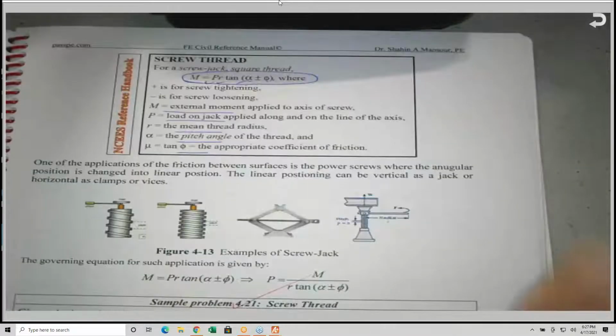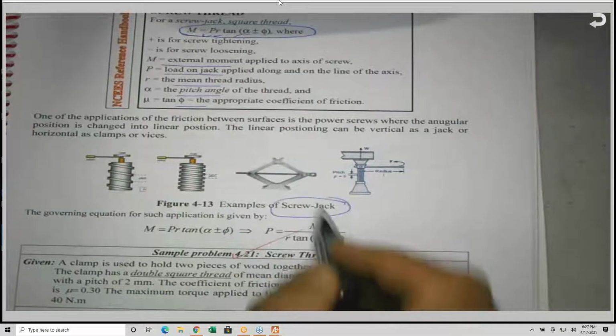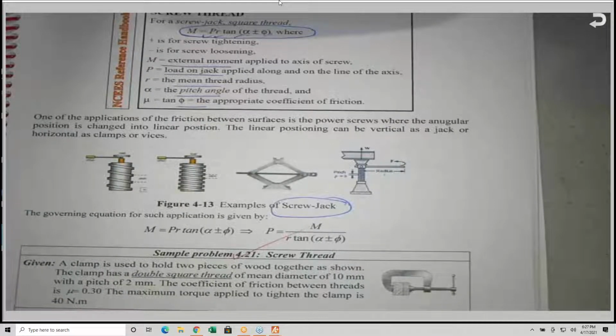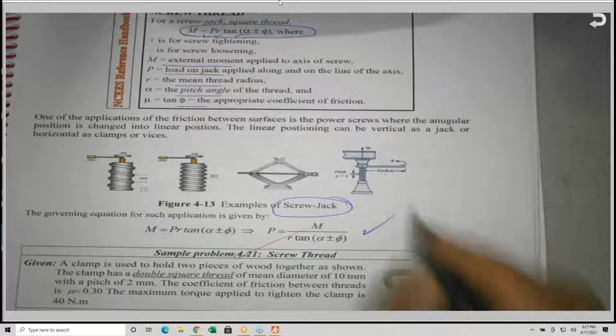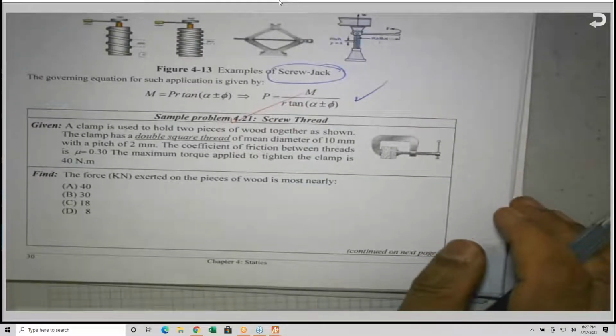I gave you some illustrations here, like the screw jack that we use to raise our cars. We can raise much more weight than our own because of this equation. We can raise it because we are using friction, and we apply less force to raise a much larger load.